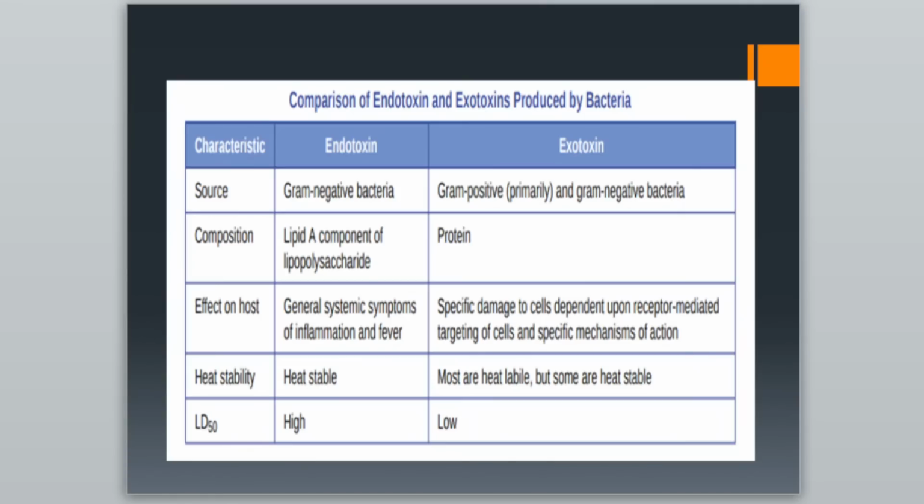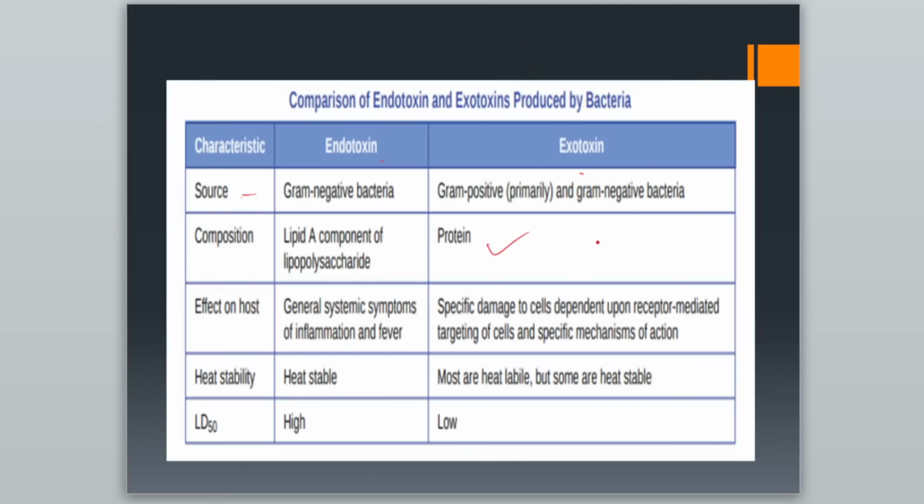Here is a list of characteristics. Sources: gram-negative bacteria for endotoxin, and both gram-negative and gram-positive bacteria for exotoxin. Composition: lipid A component of lipopolysaccharide for endotoxin, and protein for exotoxin.